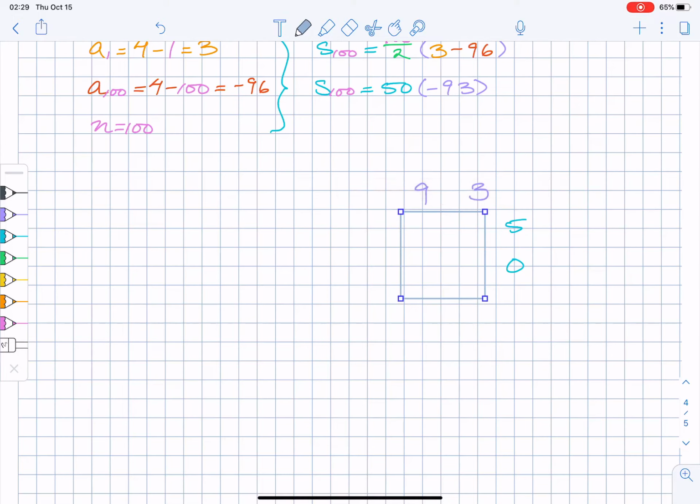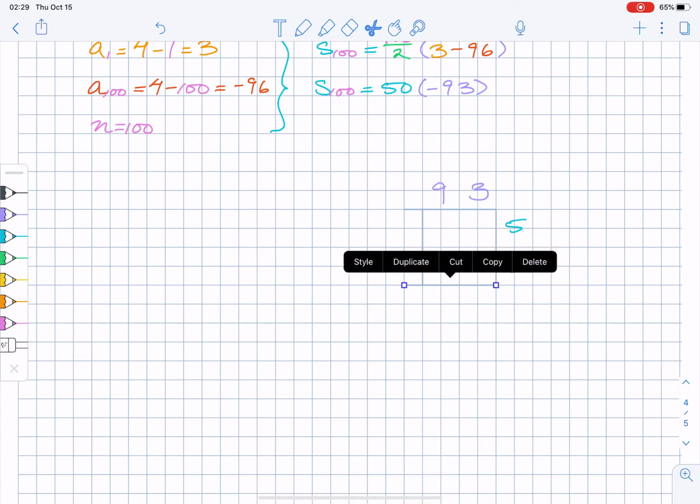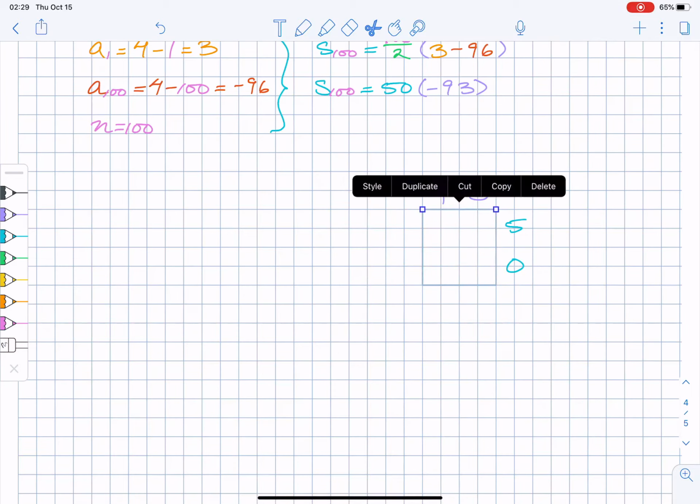Okay, I'll just do it line by line. Oh, well, that's why, because I didn't do these right. Let me move this over. Is that better?